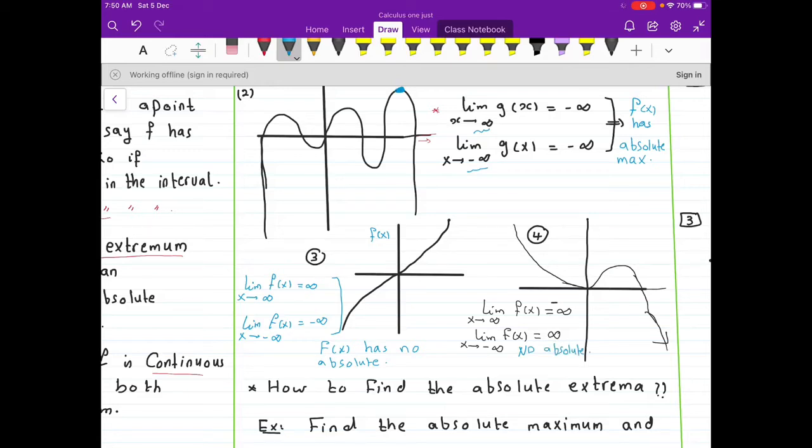But does this function have a local max or a local minimum? It is clear that this point is a local max.